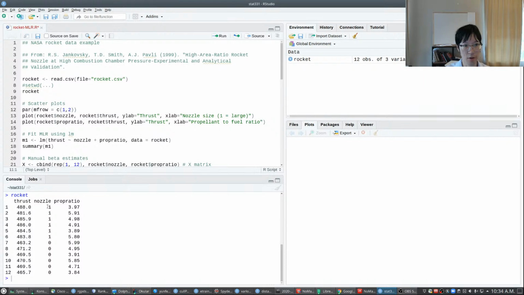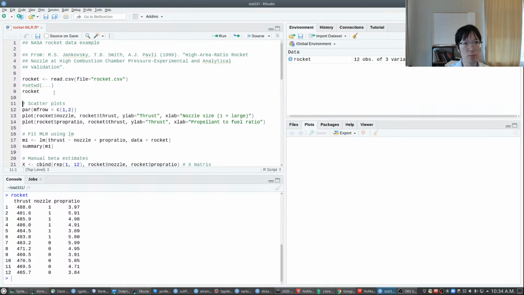So I've coded large as 1 and small as 0. And later today, we're going to talk about, in general, how we would go about handling what we call categorical explanatory variables. Okay, so in this case, it's just two possibilities, large or small, so 1 or 0 works fine.